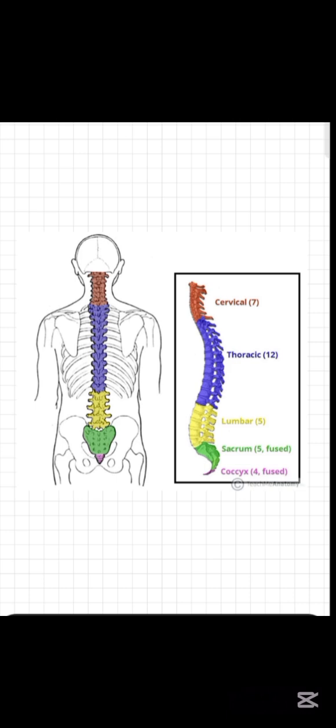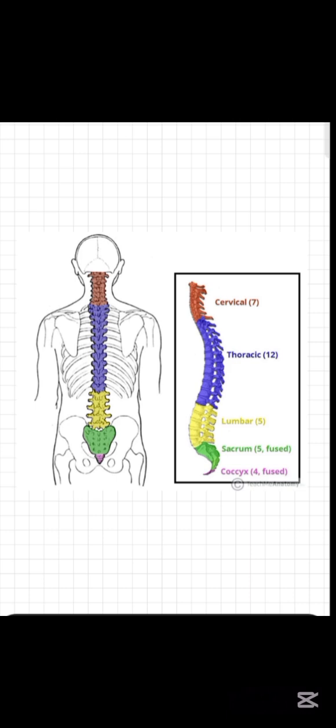Next, the thoracic vertebrae are different because the ribs are attached to them, and they provide the ribs a space and support to hold the whole trunk.